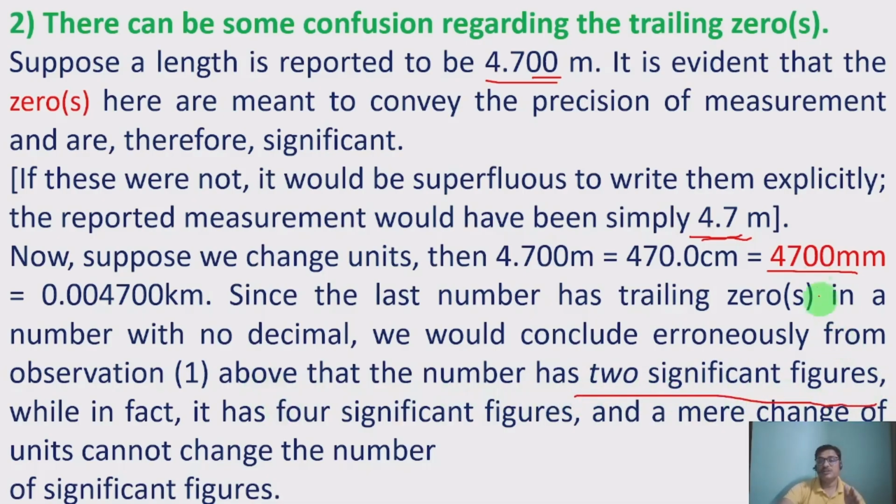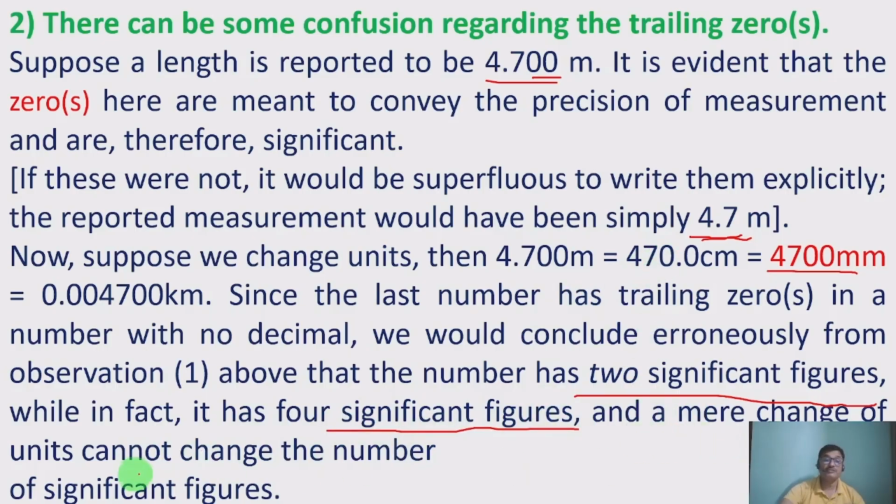Because the trailing zeros are not significant according to observation 1. But in fact it has four significant figures.